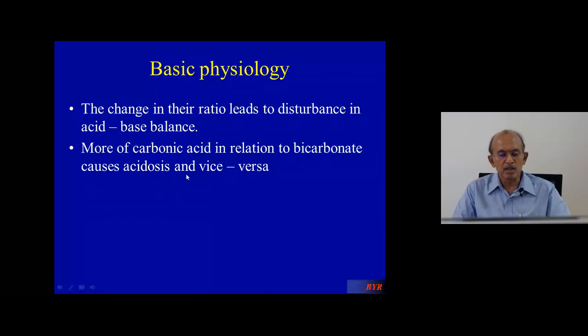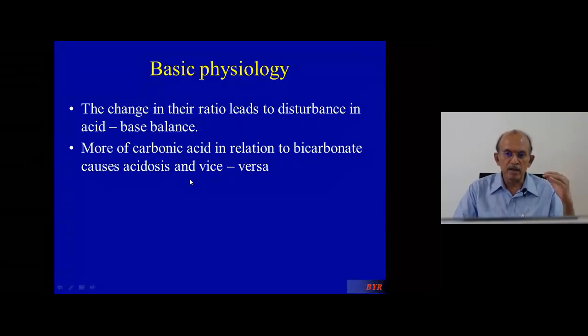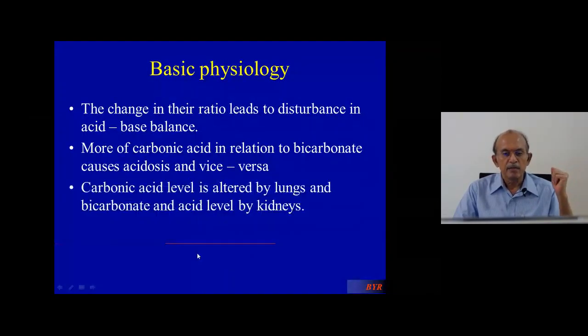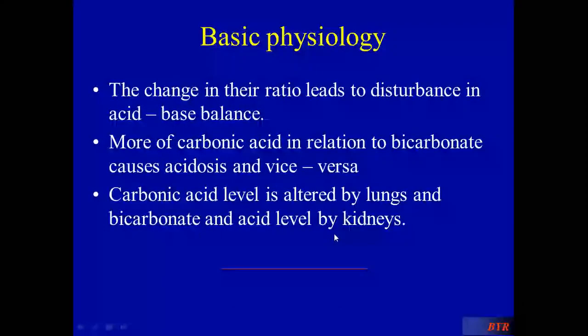I hope you followed this statement. Whenever you look at the carbonic acid and bicarbonate ratio, if carbonic acid is in excess, that is acidosis. If bicarbonate is in excess, that is alkalosis. Carbonic acid level is altered by the lungs, and bicarbonate and acid levels by the kidneys.